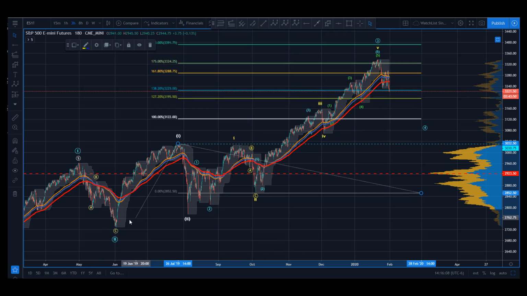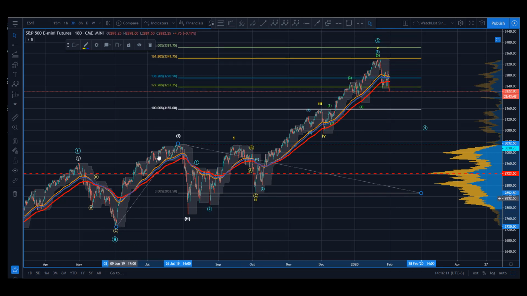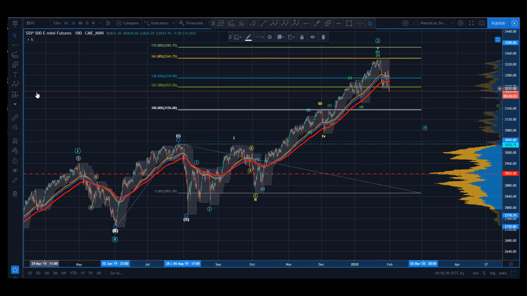If this is 1, and in the other count, this is my larger 2 at that degree, so the 2 is over here, larger degree, we're right there. Is it a coincidence that we hit the 1618 at the pivot here, and then we get the coronavirus? Well, I'm making a statement. It's just an interesting thing to ponder.